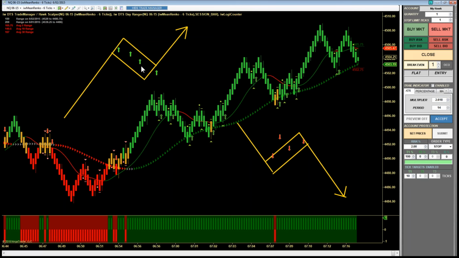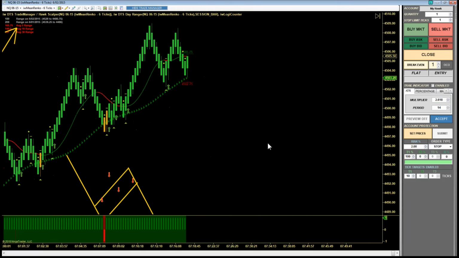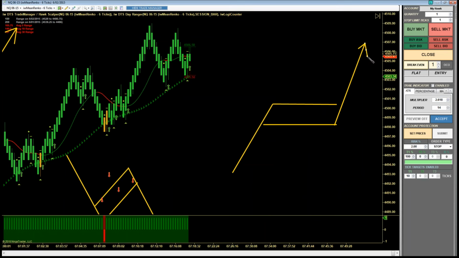Okay, so the closeness of the arrows, they're going to be relatively close, but sometimes, as you can tell from that chart that I just showed you with the cheat sheet on it, we actually had this type of scenario where the market went up and then went more sideways before continuing higher. So that's an alternative for the 4-arrow consolidation also, where you're going to get 4 signals moving sideways. But it's definitely going to be a consolidation pattern.